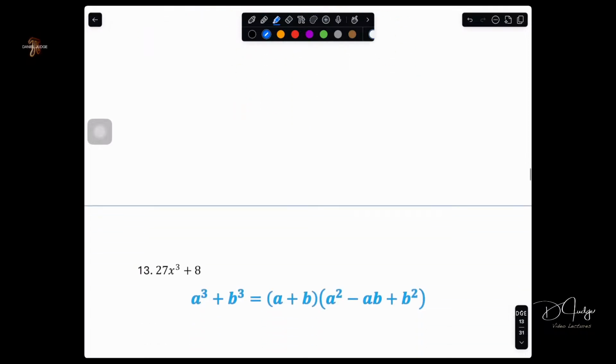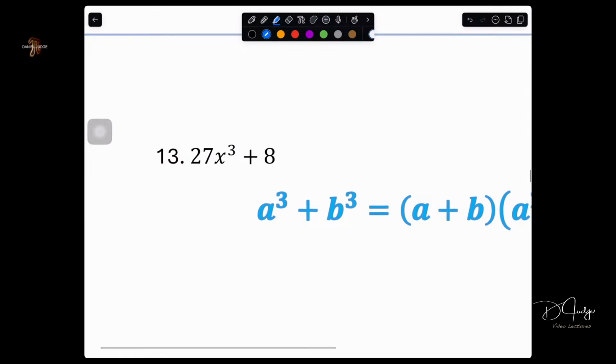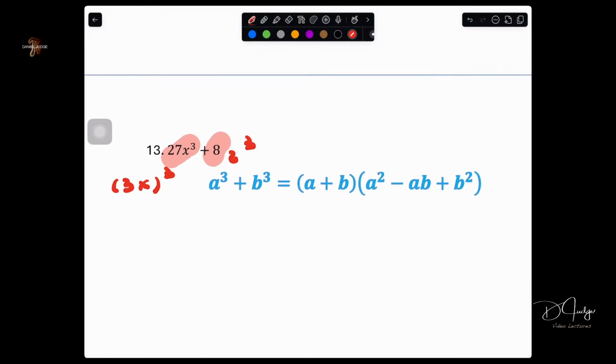All right. Let's see how this all works here. Now, altogether, 27x cubed is a perfect cube, by the way, because this is now 3x to the third, 8, another perfect cube, is 2 to the third power.